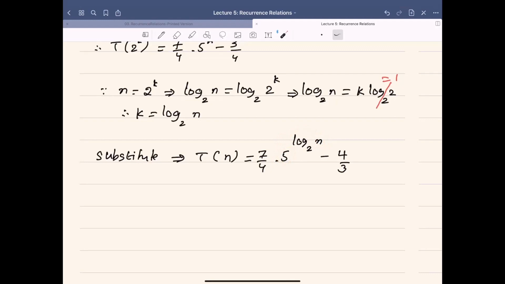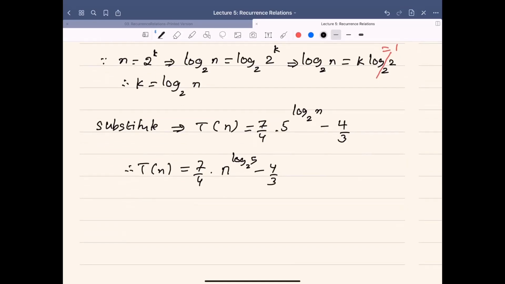Why? Because if someone looks at this recurrence relation, they might think that this is exponential, and if we ask what is the running time for this algorithm, by mistake they might say it is exponential. However, this is not exponential, this is polynomial. If you rewrite it, we can say that Tn is equal to 7 over 4 times n raised to power log base 2 of 5, minus 3 over 4.